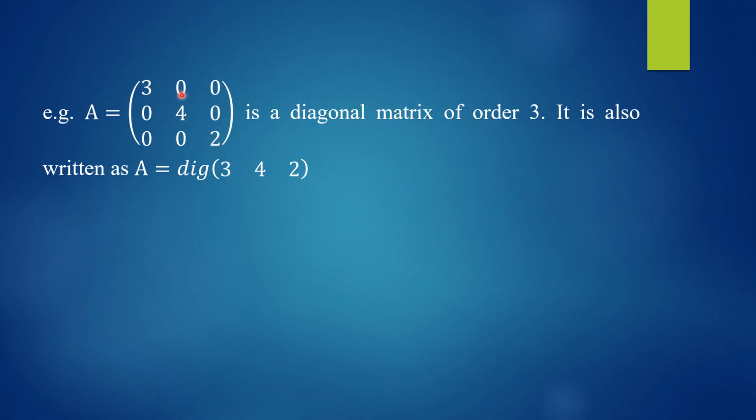Except these elements, the other elements, all of these are 0. And since it is a square matrix of order 3, it is a diagonal matrix of order 3.